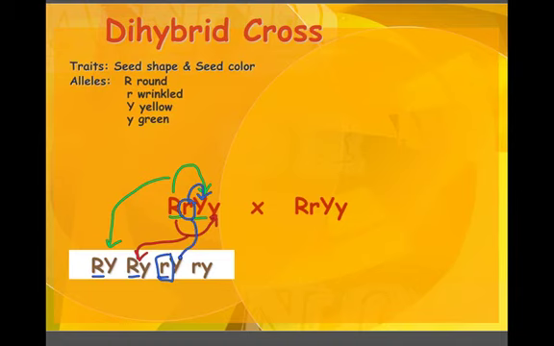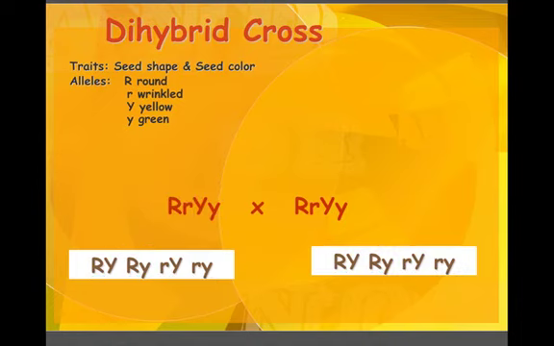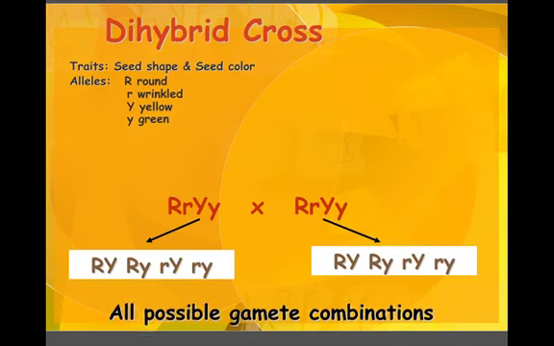And there's our big Y. And then the last one, we're going to use little r, little y, which is going to go right here. So it's kind of like you're using your FOIL in algebra class. So these are all possible gamete combinations.